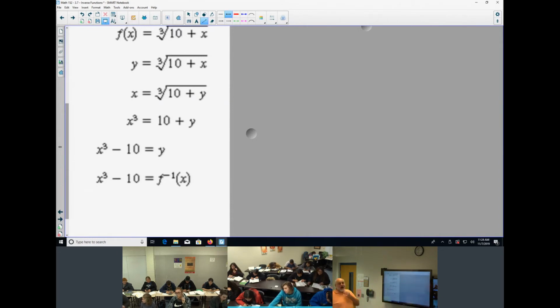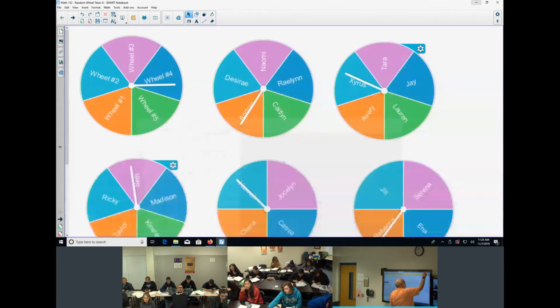Mr. Strong, how do we put the cube root of 3 into the calculator? Okay, the cube root. There's actually a couple of different ways.